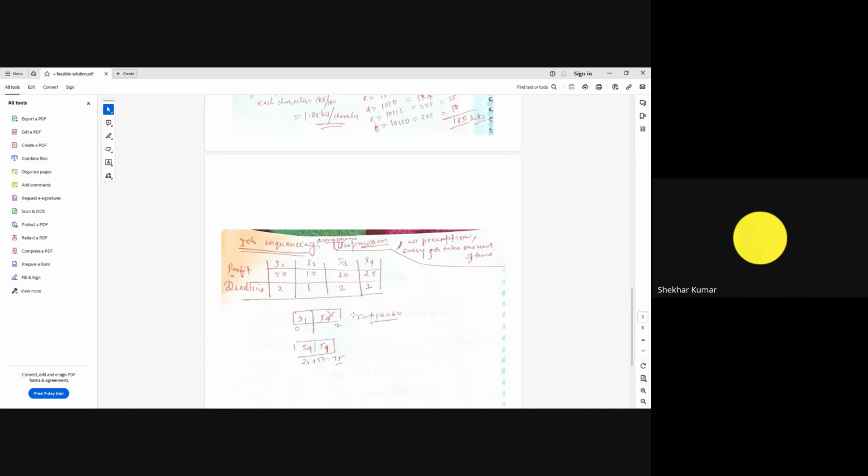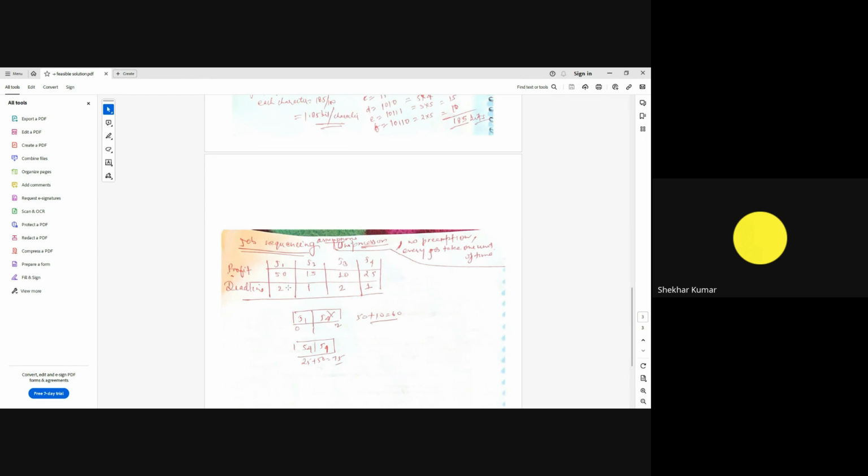Then I select the jobs for the output. It means I have arranged all the jobs according to their profit in descending order. First, I check that job J1 has the maximum profit, but I will also check the deadline. What is the deadline? The deadline is the second month. Then I will put this J1 job in its maximum deadline place.